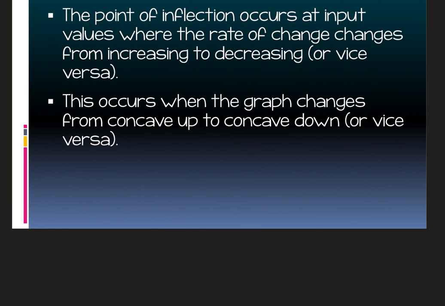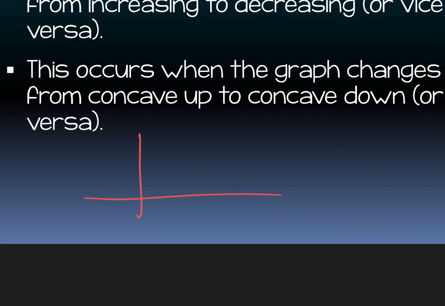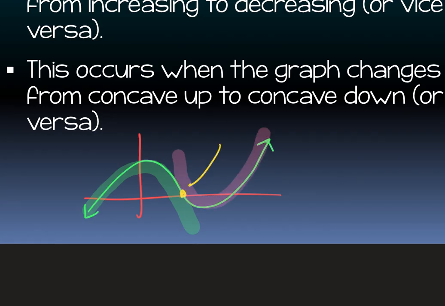So if I have a graph and it's changing like this, then my point of inflection is where it changes from concave down to concave up. If it asked how many points of inflection or where is the point of inflection, that's how we identify it. I literally draw my U's and my N's and see where it changes, and that is called your point of inflection.